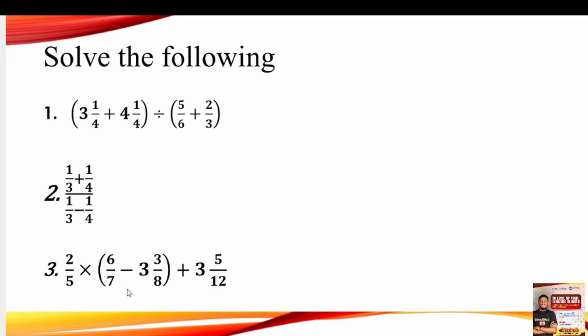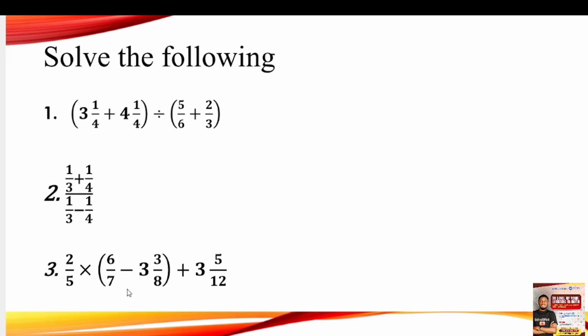And in our second question, we have 1 whole 1 on 3 plus 1 on 4, all divided by 1 on 3 minus 1 on 4. And in our last question, we have 2 on 5 times 6 on 7 minus 3 whole number 3 on 8, bracket close, plus 3 whole number 5 on 12.